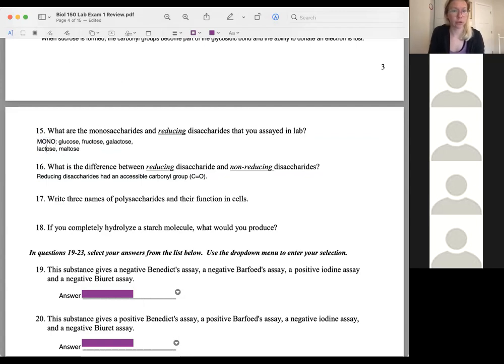And then our reducing disaccharides, we'll just abbreviate that for the sake of time, were the lactose and the maltose. And then the one non-reducing disaccharide that we had in lab was the sucrose.